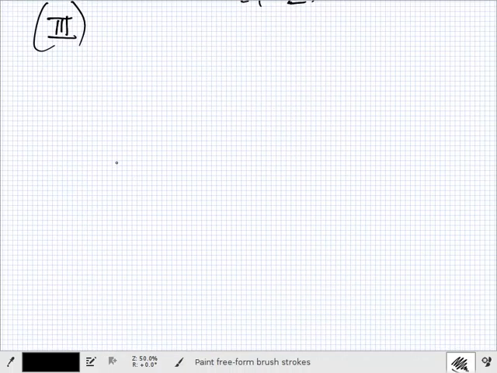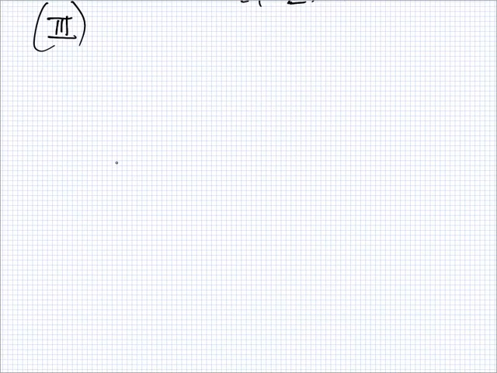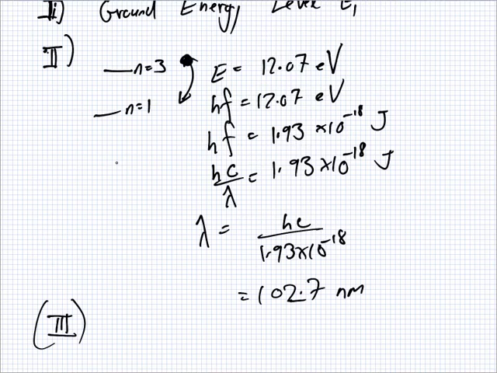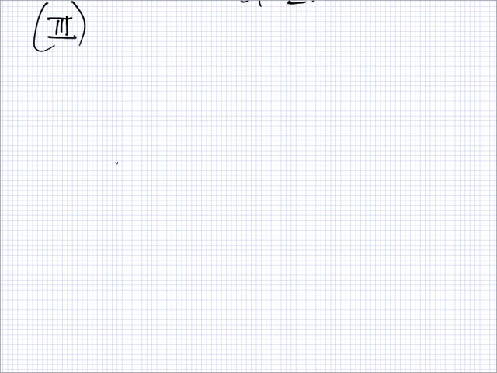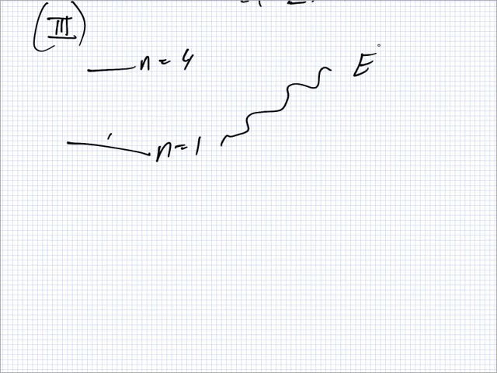Right, next. Determine the minimum frequency to go from 1 to 4. We're at energy state 1 and we want to go to energy state 4, so we need to give it some energy. How much energy do we need to give it? What's the difference between state 4 and state 1?